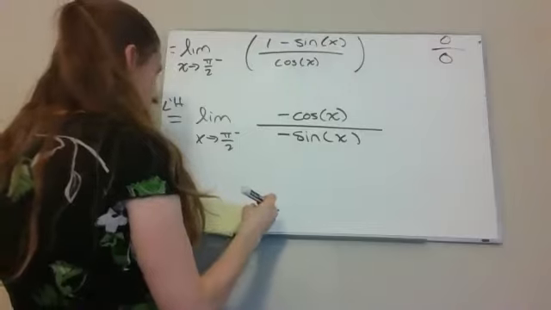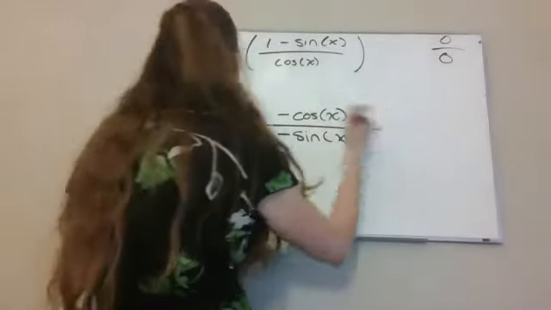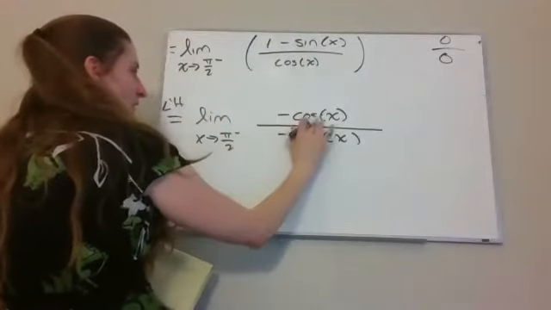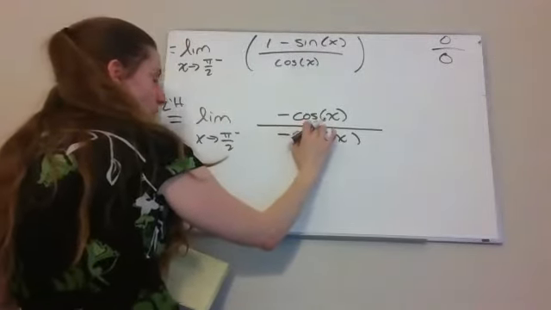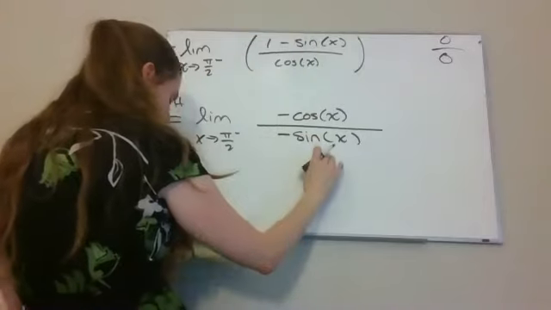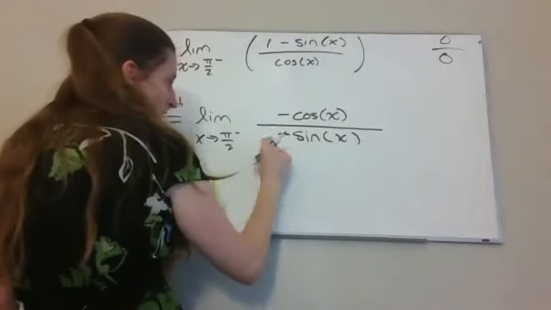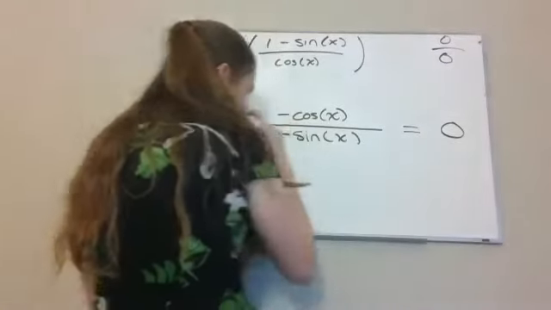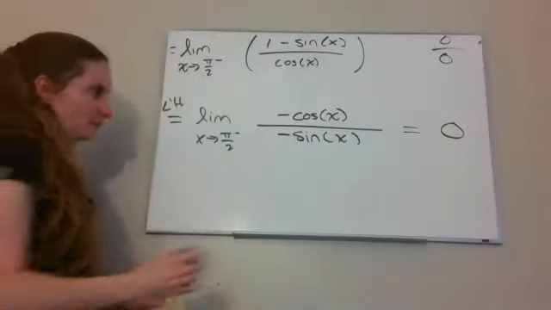So now when I plug in my values, I have a cosine of pi over 2, which is 0, and a sine of pi over 2, which is 1, but it's negative. Regardless, I get 0, because I have a 0 over a 1.